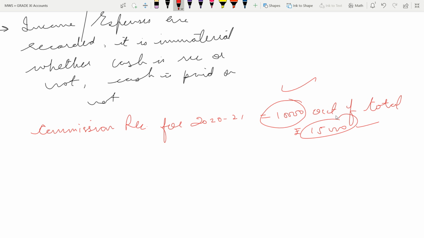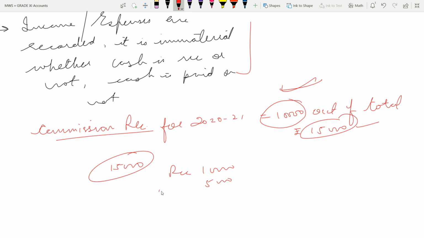Maybe some of you are thinking 15,000, because I have told you that whether cash is received or not, we have to record that income in our accounts. So here commission received is an income, and we have received only 10,000 out of 15,000, but we will show that the income we have generated from commission is 15,000. 10,000 we have received and 5,000 we have not received, but it will be added and 15,000 total will be recorded, and we will mention that this is received and this is not received.